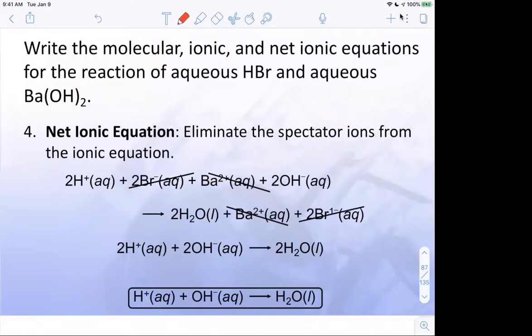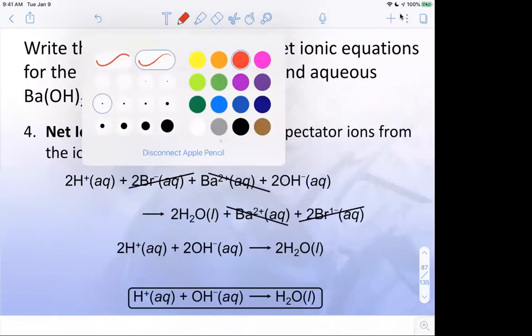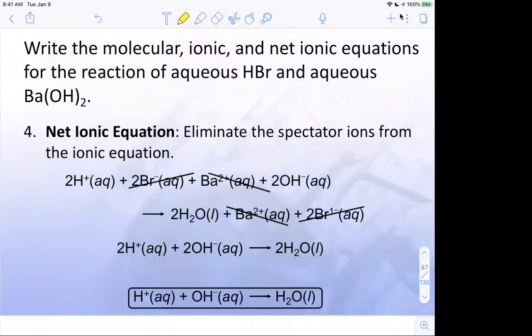Now I'm going to identify the spectator ions, and if I do that, I find out on both sides of this reaction arrow, I have barium 2 plus, and I have 2 bromines.